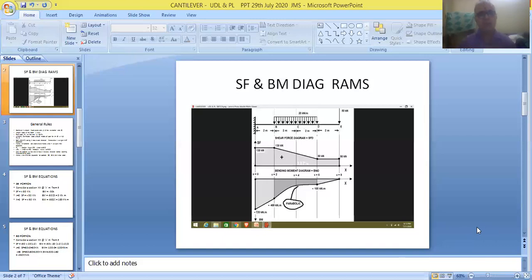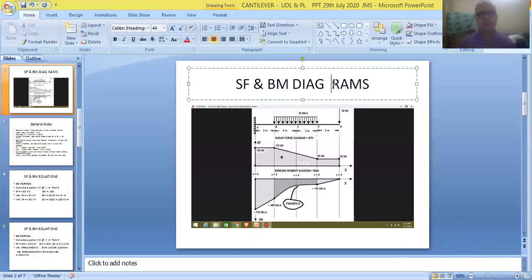So we have discussed about this cantilever. We have discussed about UDLs and point loads acting on cantilever.